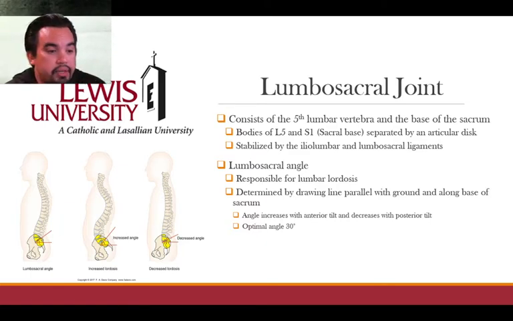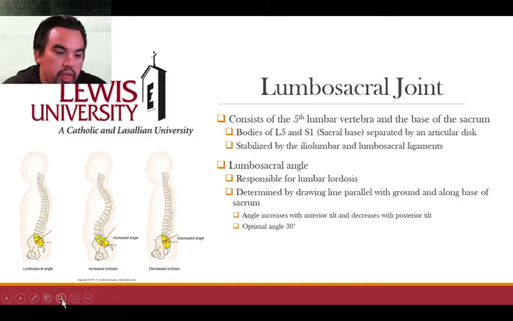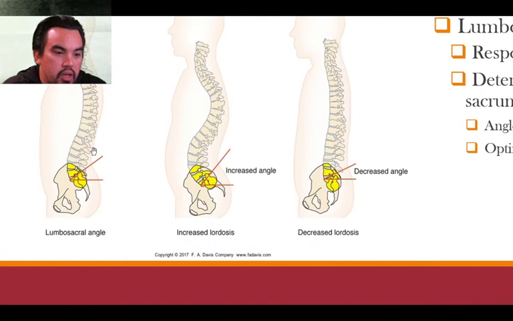So what we have here is what we call the lumbosacral angle. Okay? It's responsible for lumbar lordosis. It is determined by drawing a line parallel with the ground along the base of the sacrum. The angle will increase with the anterior tilt and decrease with a posterior tilt until we have an optimal angle of 30 degrees.